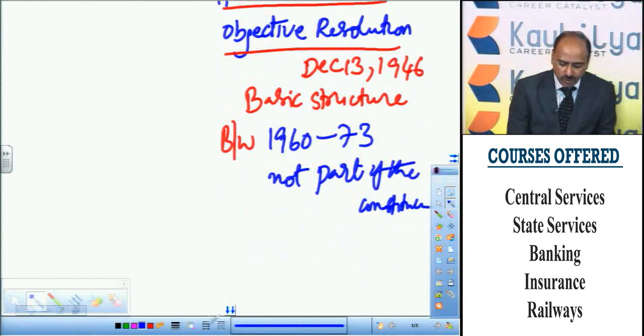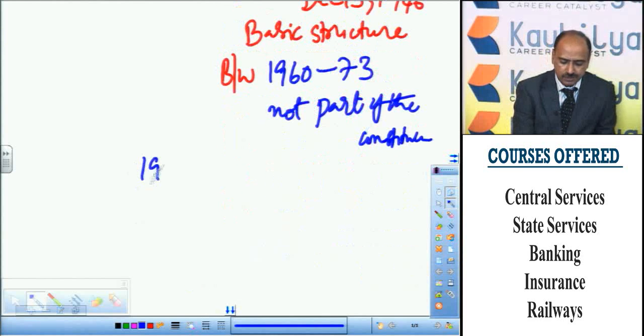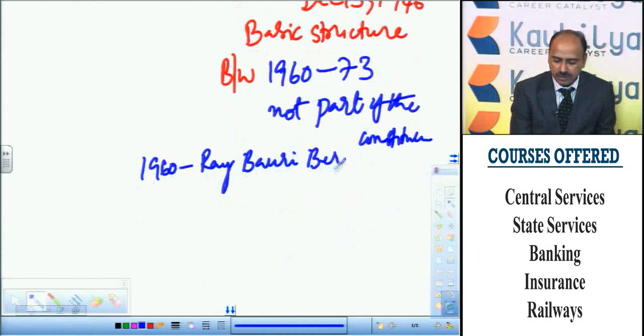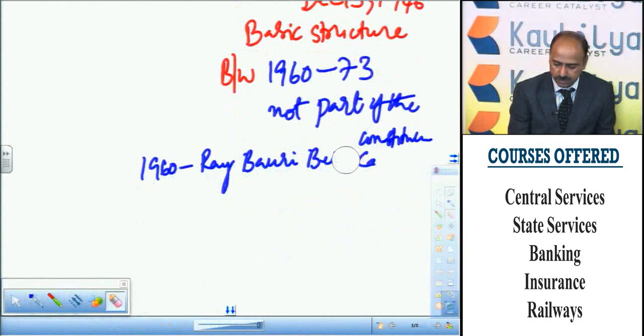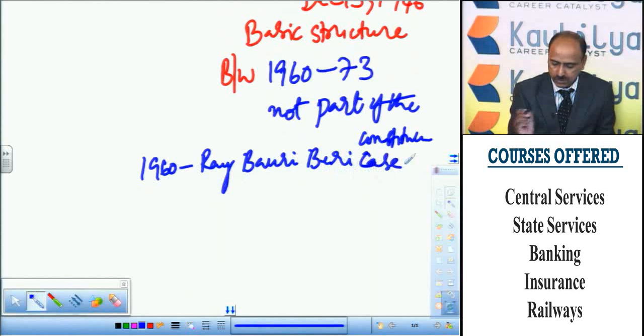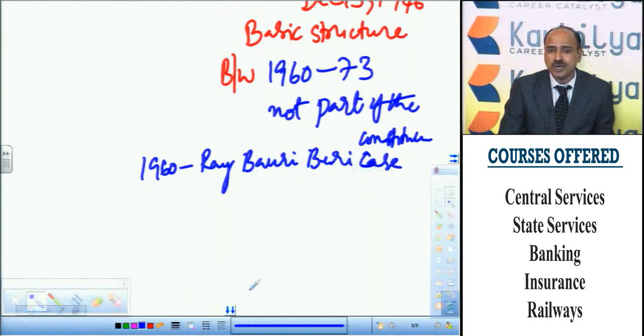In 1960, one important case occurred in our country. In this case, the Supreme Court gave judgment that the preamble is not a basic part of the Constitution, because no article or part is explained about the preamble.